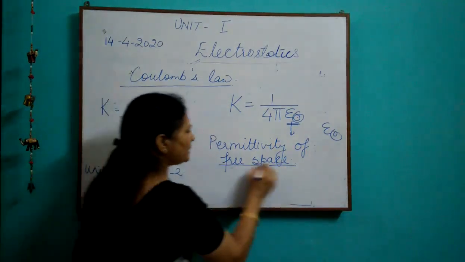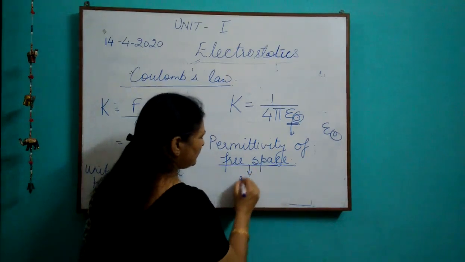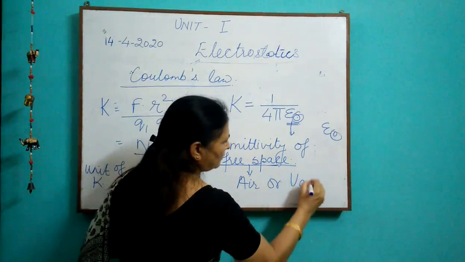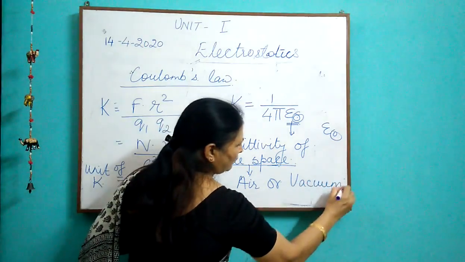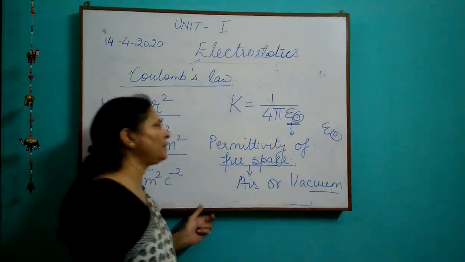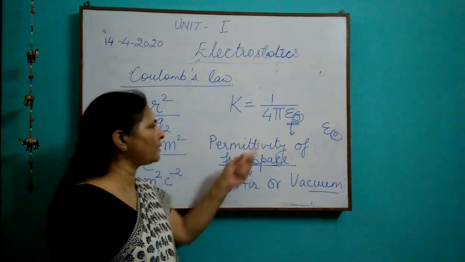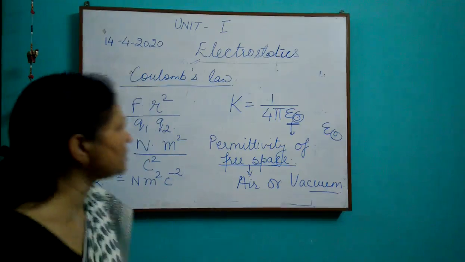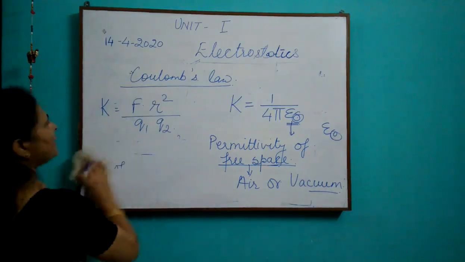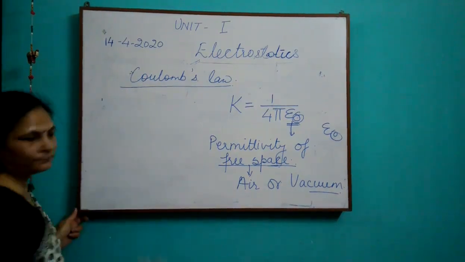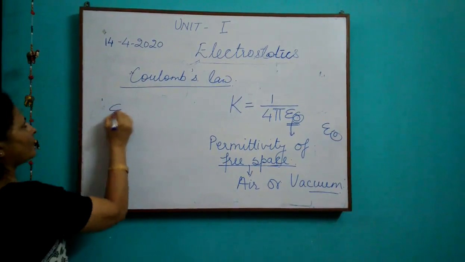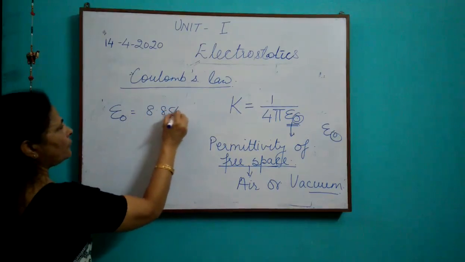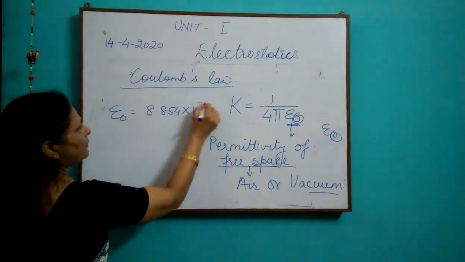And what does free space mean? It is air or vacuum. Whether the medium between the two charges is air or vacuum, we will use 1 by 4 pi epsilon naught, and the value of epsilon naught is 8.854 into 10 to the power minus 12.